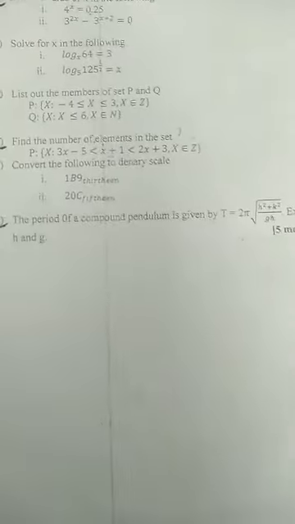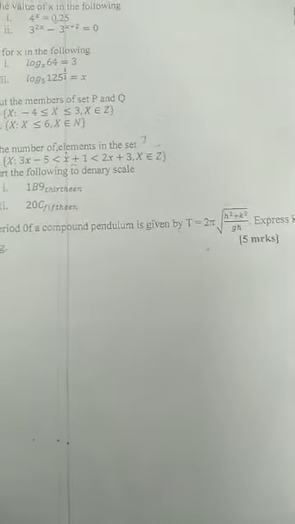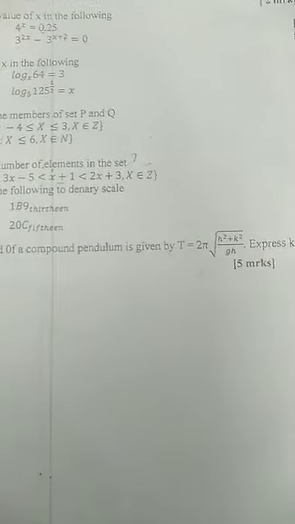So I move to question 7. Question 7 is a question under the topic changing of subject of formula. We have the period of a compound pendulum is given by T equals 2 pi square root of h squared plus k squared divided by gh, and we are asked to express k in terms of t.